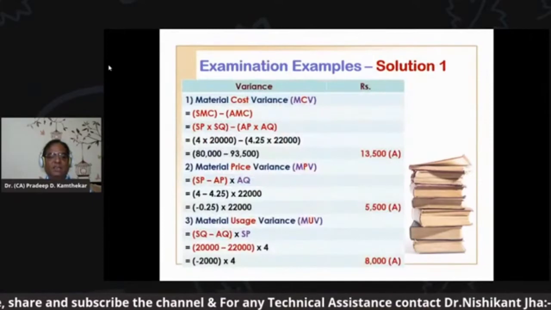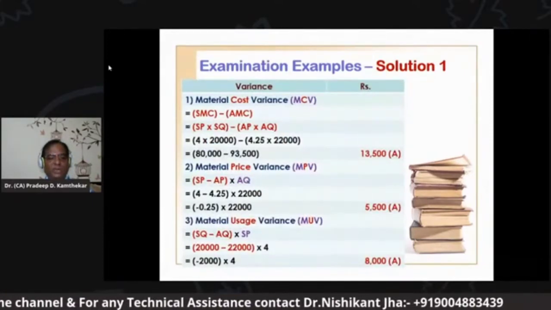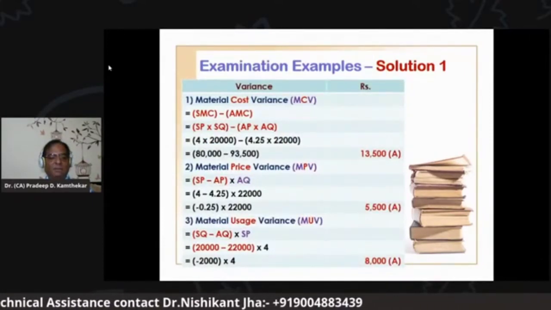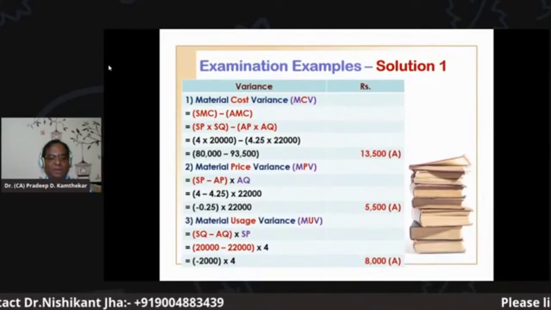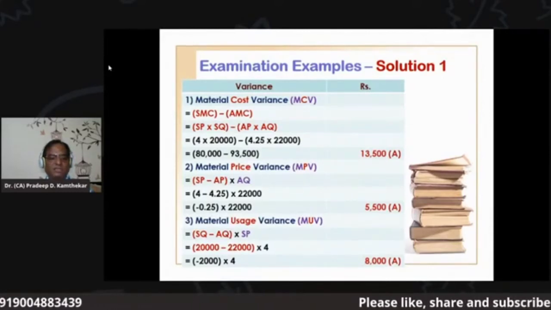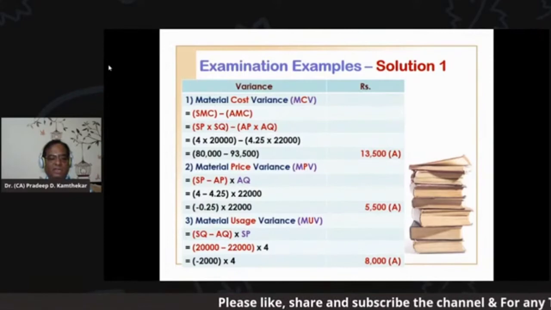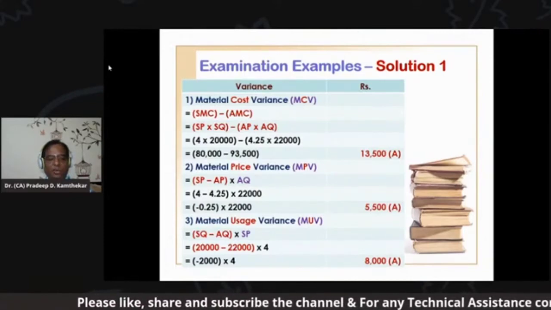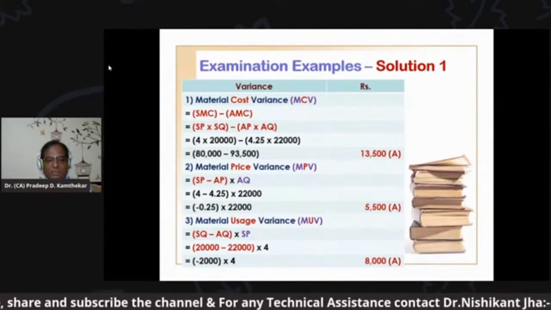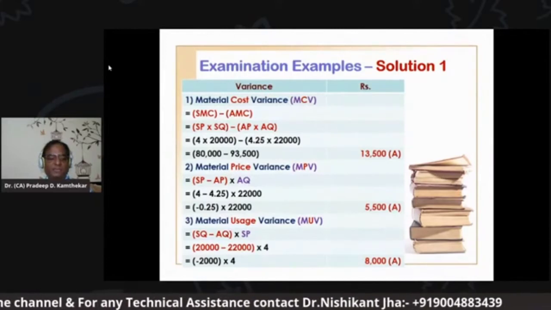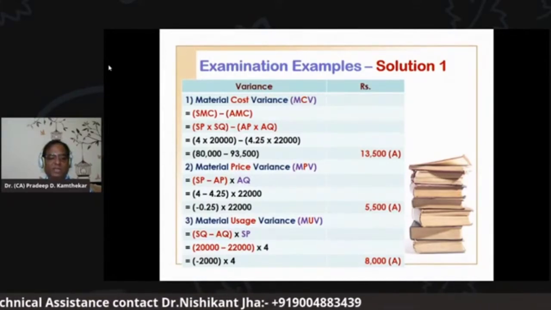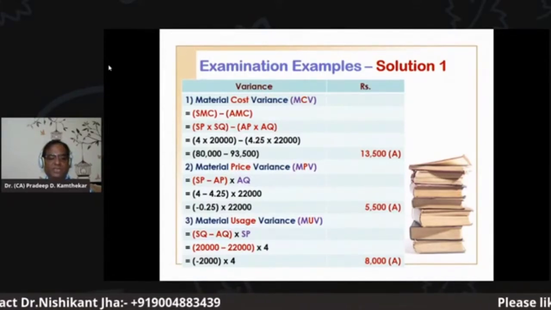So now first see material cost variance. What is material cost variance? It is standard material cost minus actual material cost. What is standard material cost? Standard price into standard quantity, and minus what is actual material cost? Actual price into actual quantity. So standard price 4 into standard quantity 20,000, that comes to 80,000.